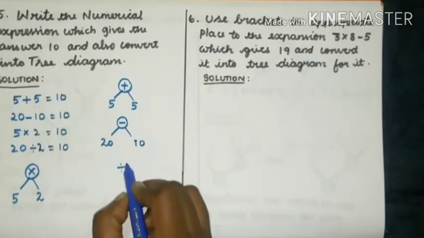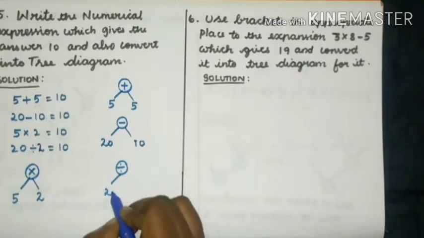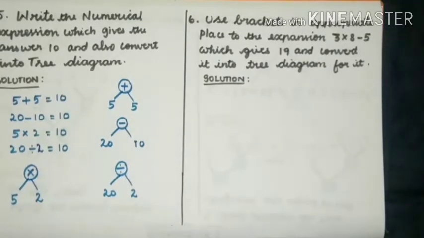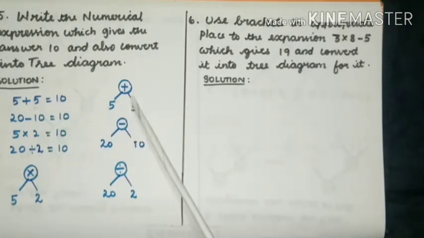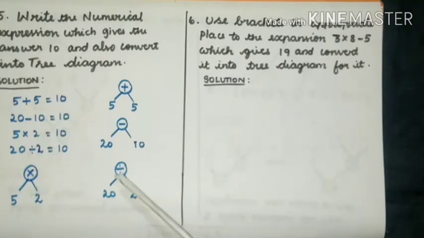And for division, you have to use the division symbol, 20 and 2. Check whether it gives the answer 10 or not. 5 plus 5 equal to 10. 20 minus 10 equal to 10. 5 into 2 equal to 10. And 20 divided by 2 equal to 10.